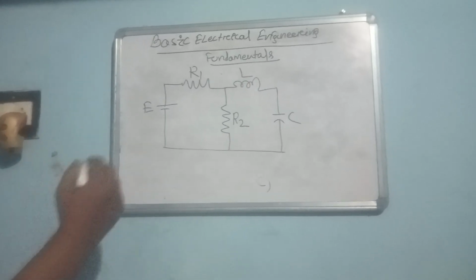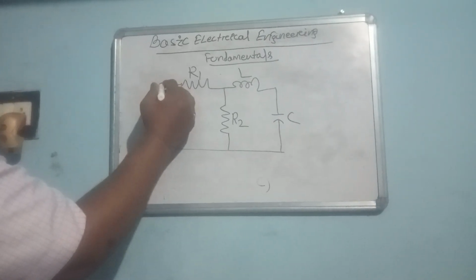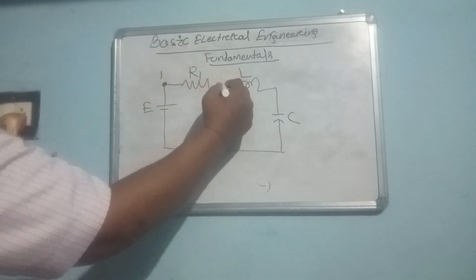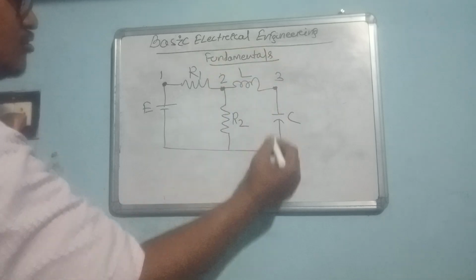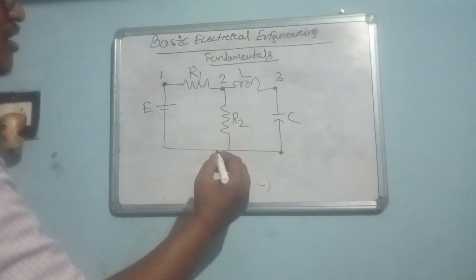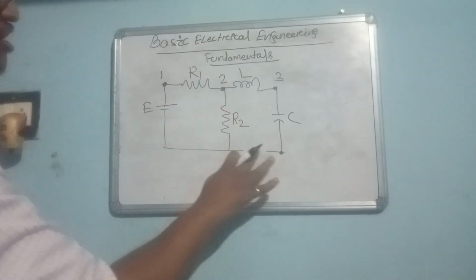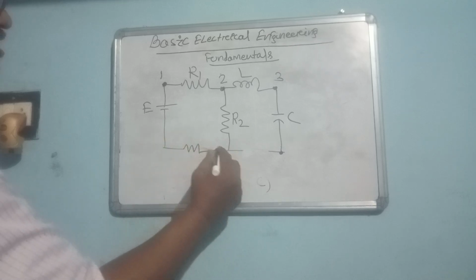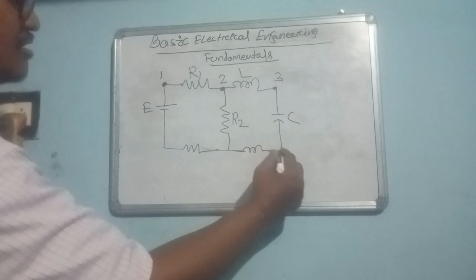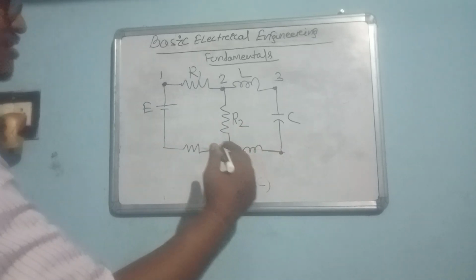Here, if you look, this may be called a node, this a node, this a node. Suppose here you also have two resistances, or another inductance.